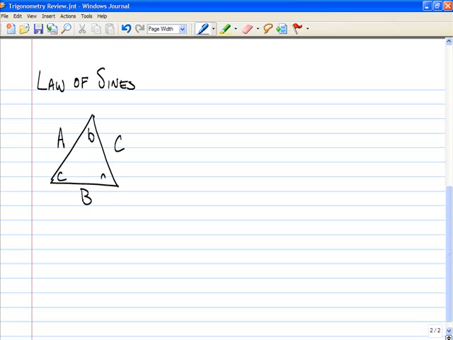This angle would be C, and this angle would be A. So we've got A over the sine of A equals B over the sine of angle B equals C over the sine of angle C.